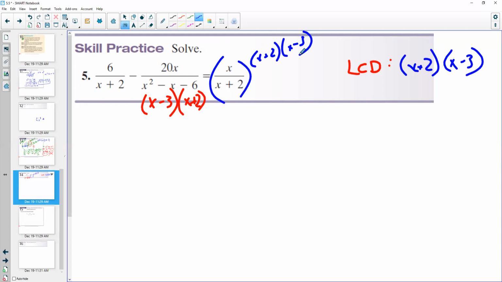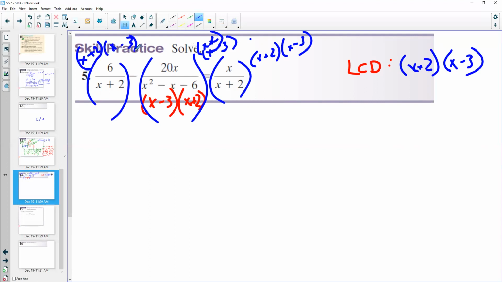Okay, so everybody gets multiplied by that least common denominator. And if you don't need to write that all out, that's fine. But when you do it on a test, I need to know that you know how to do it. So the more work you show, the better off life is for everyone. Okay, so x plus 2 cancels, so I get 6 times x minus 3.